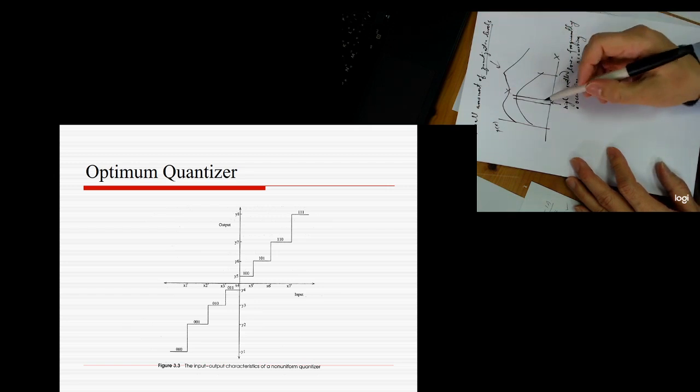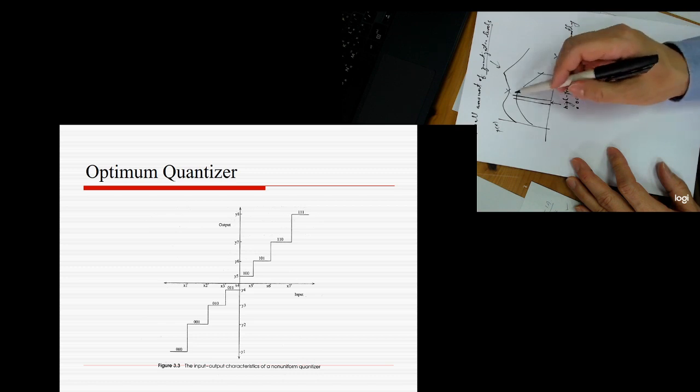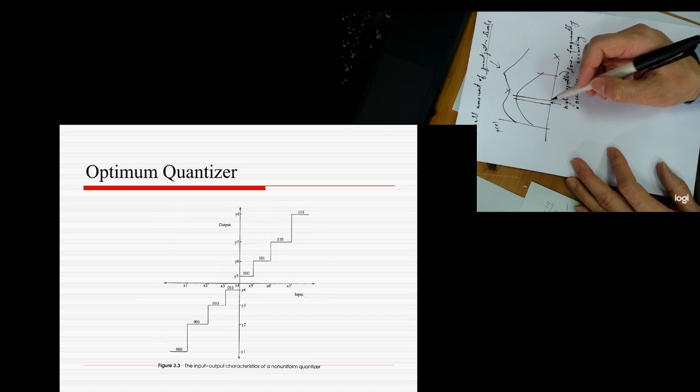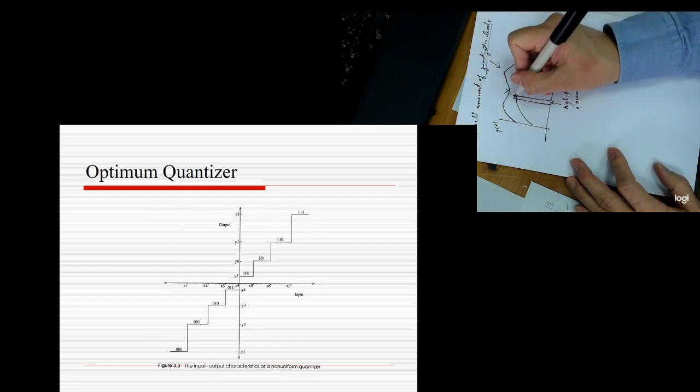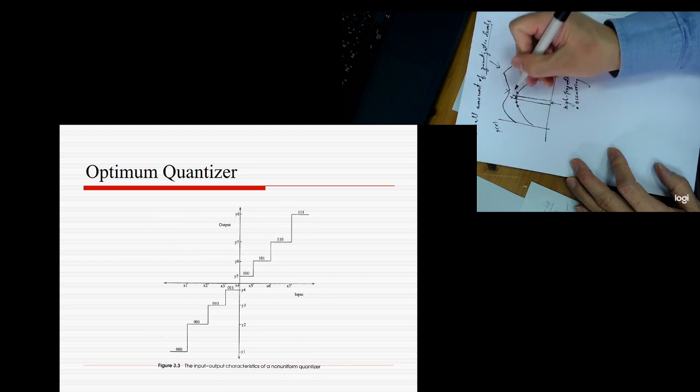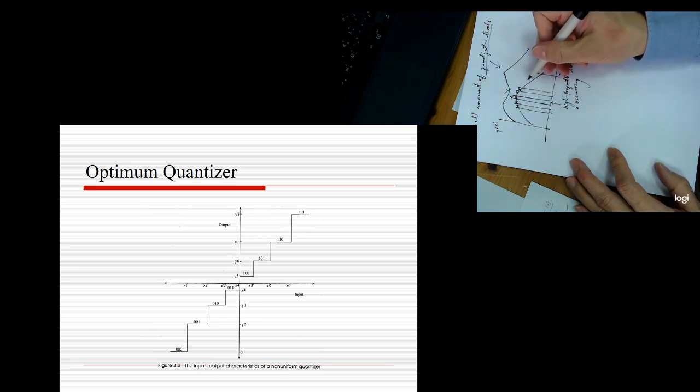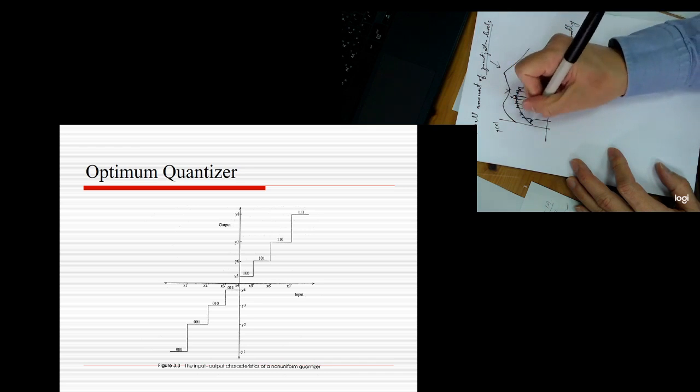If the probability is higher in this part of the dynamic range, it indicates the data in this region comes out more often. So in here we have to give more quantization levels. However, in the region where data does not come out frequently, we can use a bigger region.